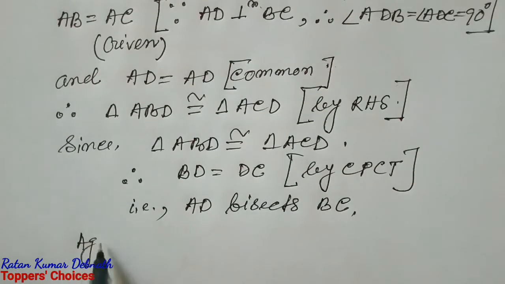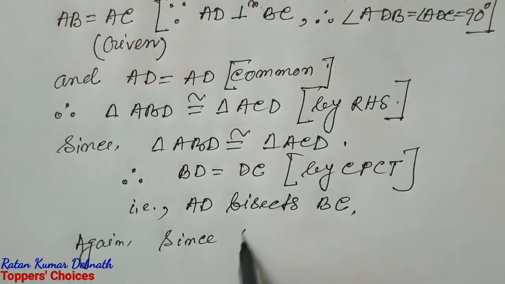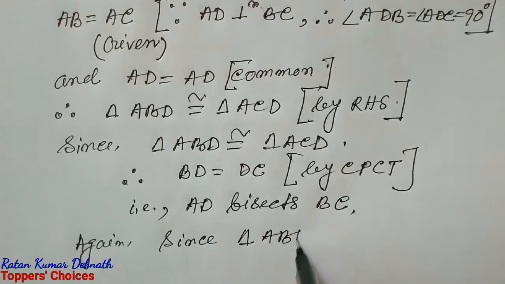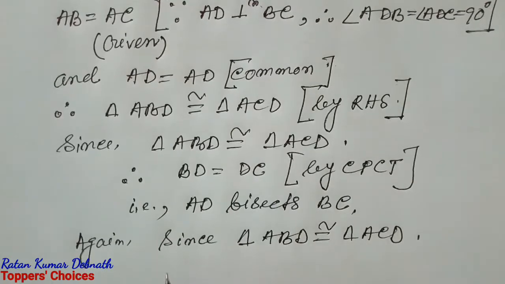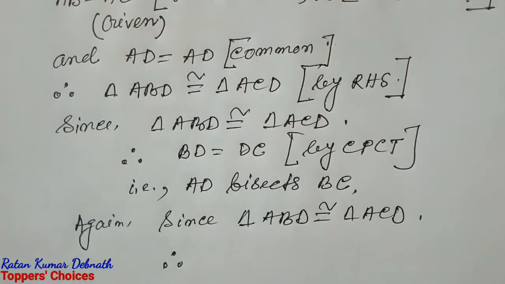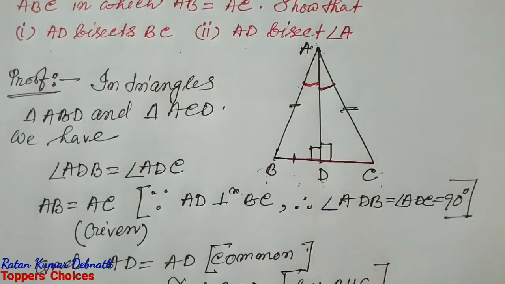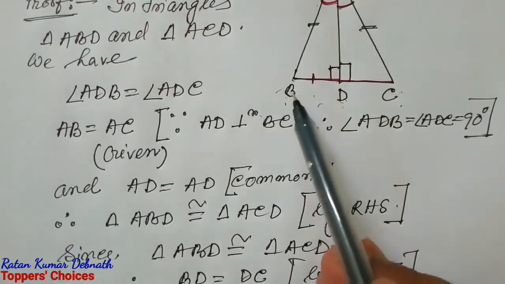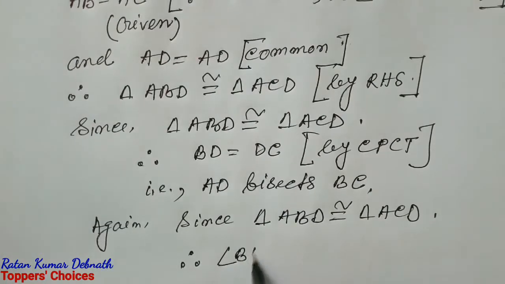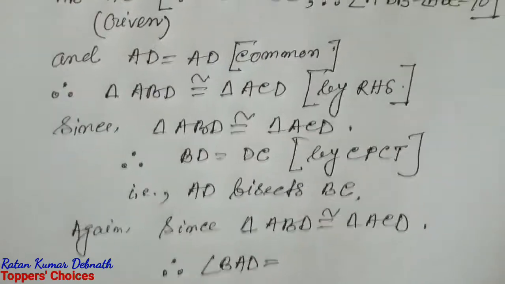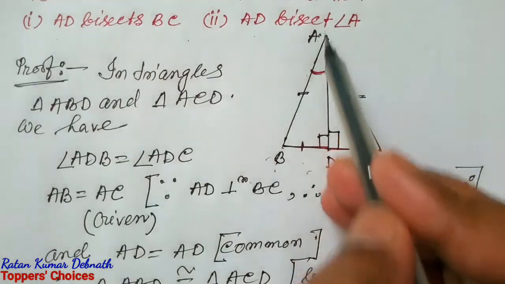Again, since triangle ABD is congruent to triangle ACD, therefore we can say angle BAD equals angle CAD.